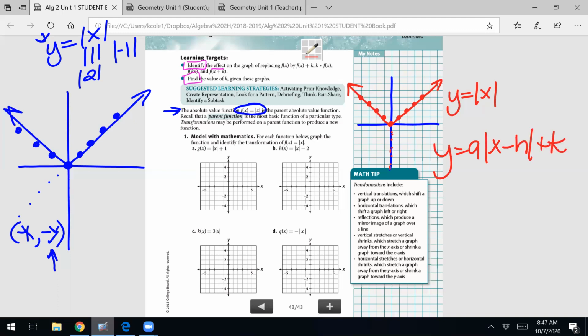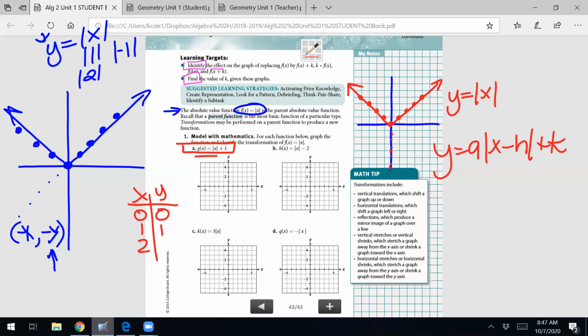So if we look at the first one, you can see that we've got our absolute value equation. So this up until the +1 is the parent function. So that's not changing. The only thing that we're doing is we're putting +1, okay? So if we think about that in terms of a table, if I have my parent function table, we've already said that it's (0, 0), (1, 1), (2, 2), (3, 3).